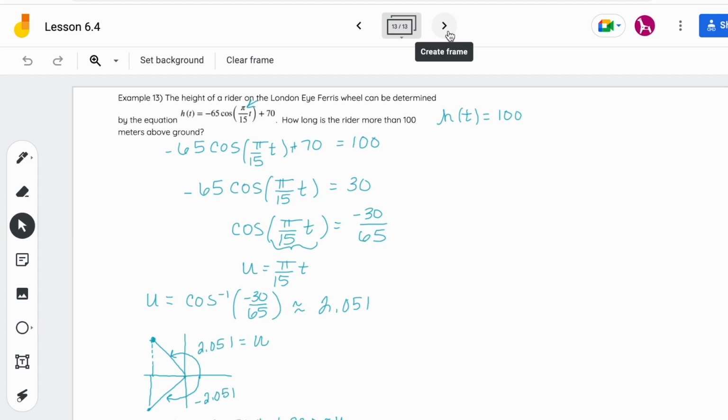I need to solve for t. So I'm going to take pi over 15t is equal to 2.051, and pi over 15t is equal to 4.230. And of course, solving for t, I will multiply everything by 15 over pi.